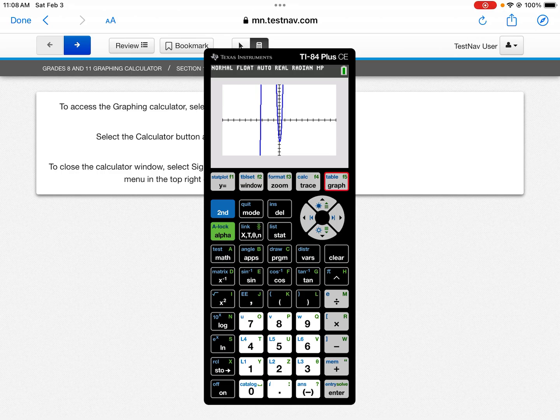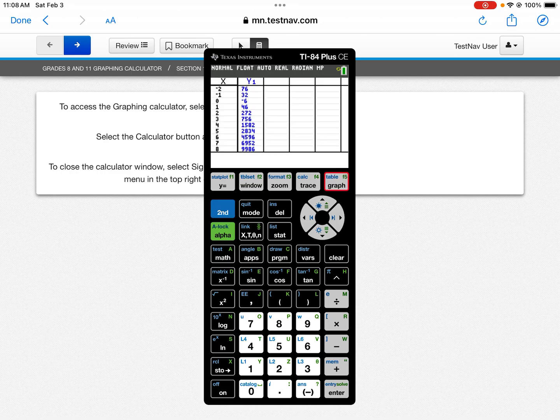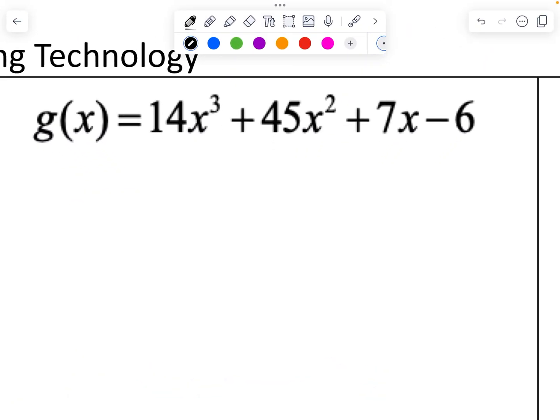It doesn't look like it hits any place nice. We have no zeros in here at all. That's horrible. Did I copy the problem down correctly? 14x cubed plus 45x squared plus 7x minus 6.